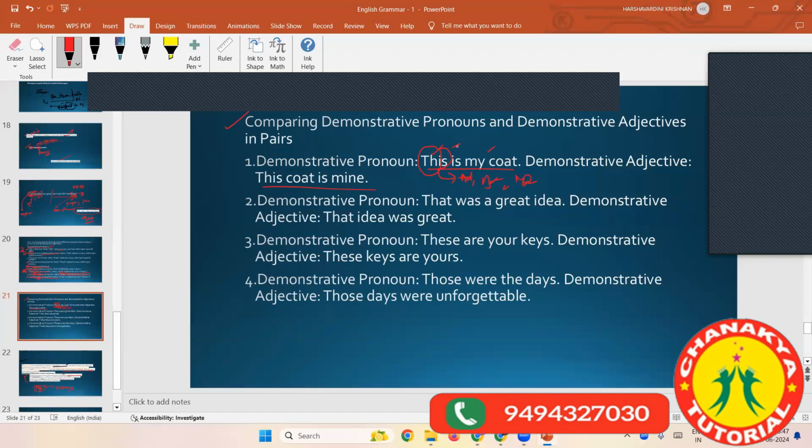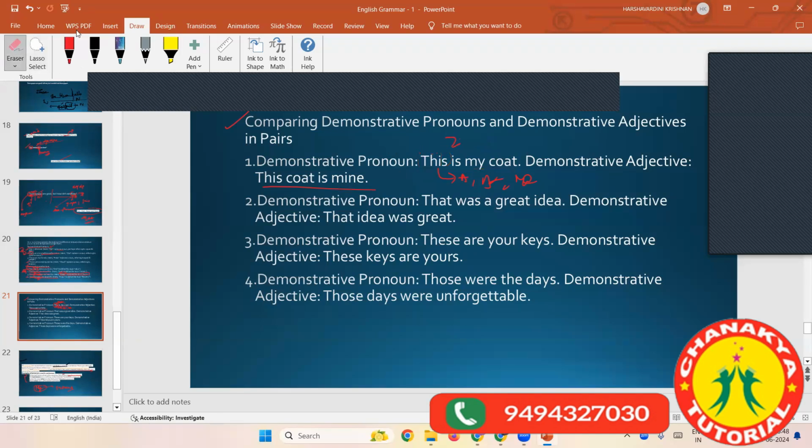I can say this is Harsha's coat, this is Advik's coat, this is Advai's coat. "This is" can be anything, but this is going to replace the noun.